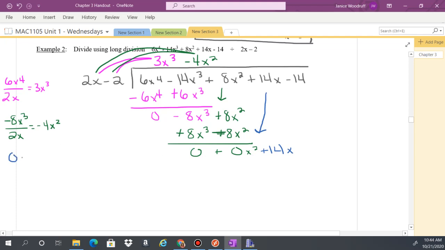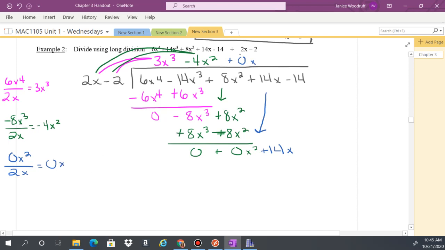0x squared divided by 2x. 0. Okay, put the 0 on top. And you can put 0x if you'd like. 0x.